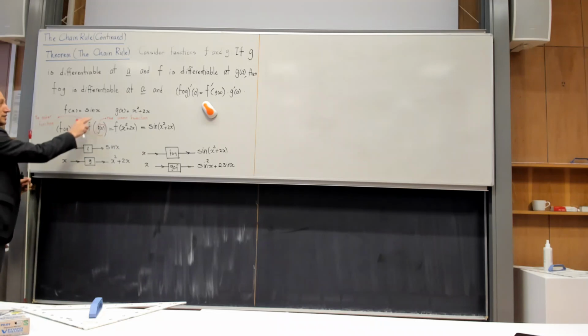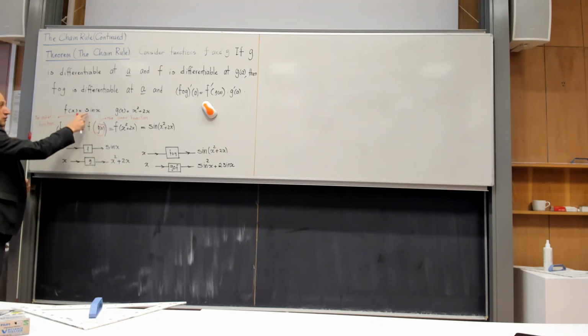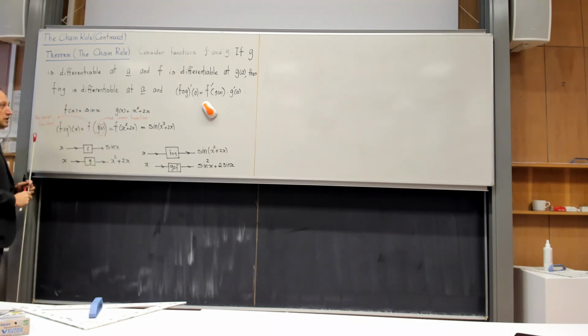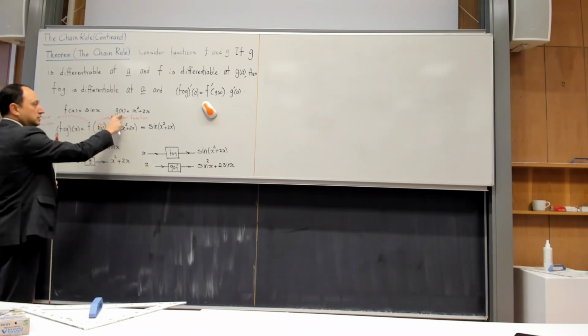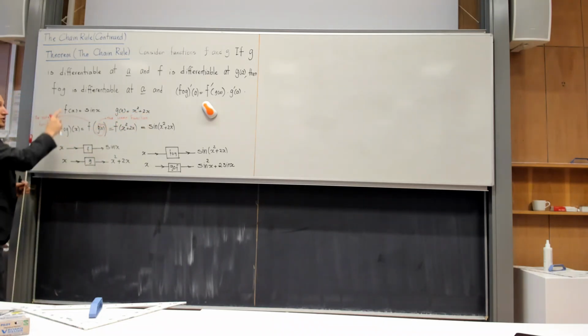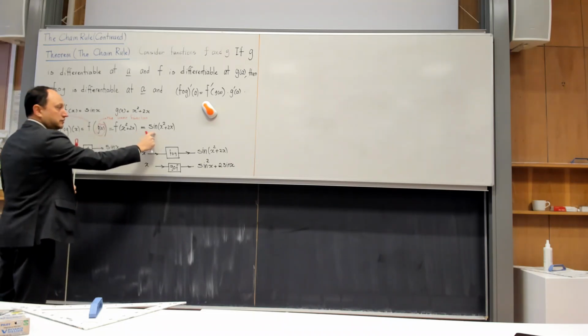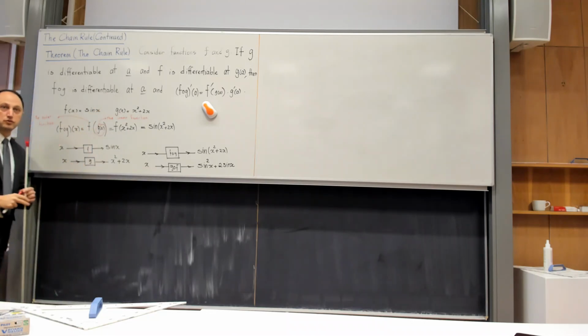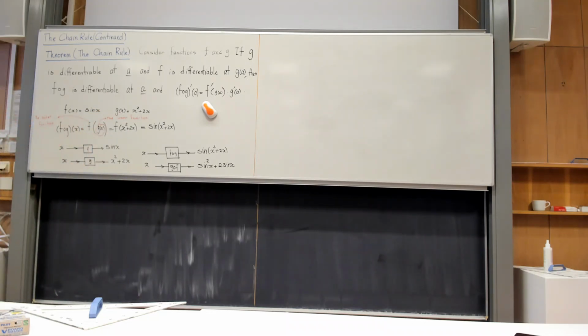You didn't have this in Math 3C. So, okay, we will learn the derivative of sine x. We of course already know the derivative of x squared plus 2x. So the chain rule is a rule that enables you to calculate the derivative of the composition of these two functions if you know the derivative of each one of them individually. So that is the content of the chain rule, yes?